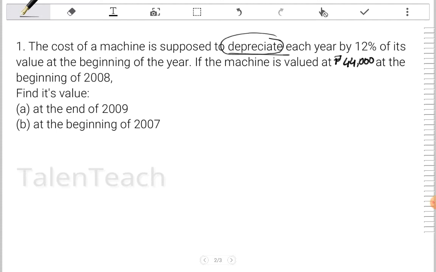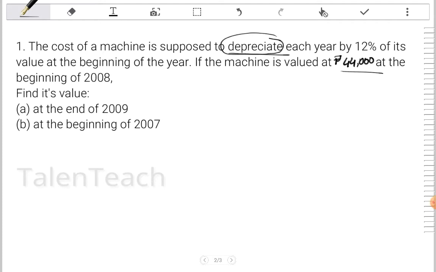If the machine is valued at rupees 44,000 at the beginning of 2008, find its value at the end of 2009. So here the price of the machine at the beginning of 2008 is given, that is rupees 44,000, and the first question is to find its price at the end of 2009.